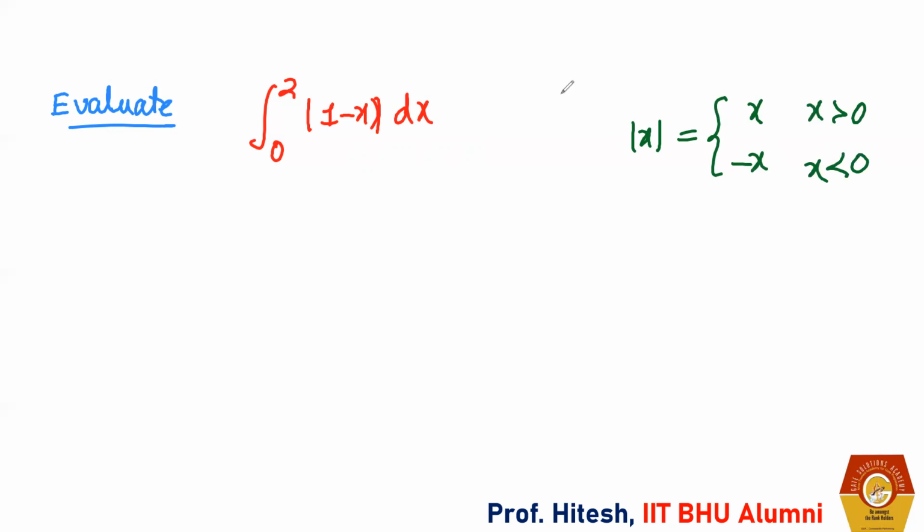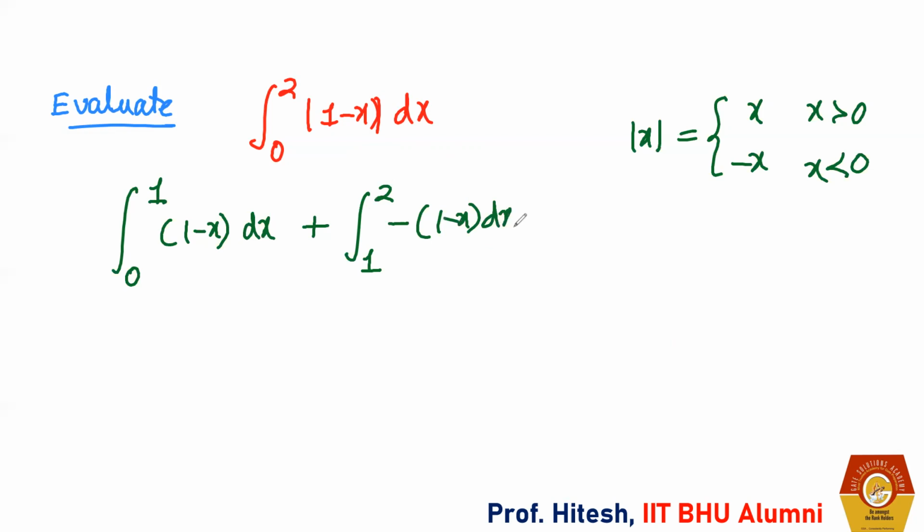So based on this we can solve. So this is 1 minus x. Okay, so 1 minus x equal to 0, so x equal to 1. So we can say from 0 to 1 the function will be 1 minus x, positive, and from 1 to 2 it will be negative. So this will be the I. Quite easy.